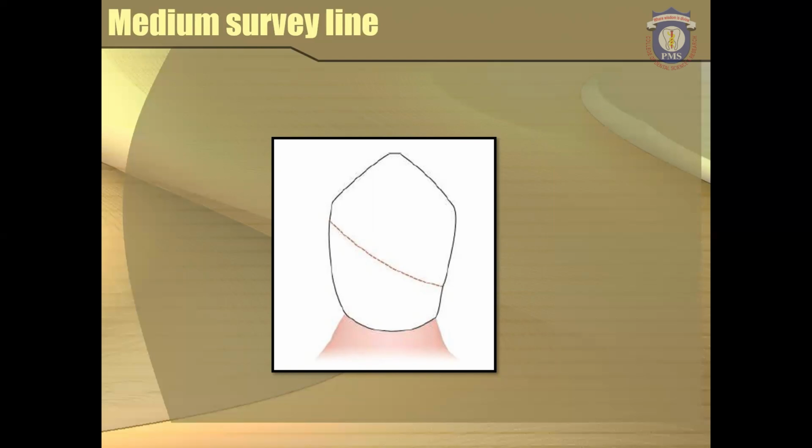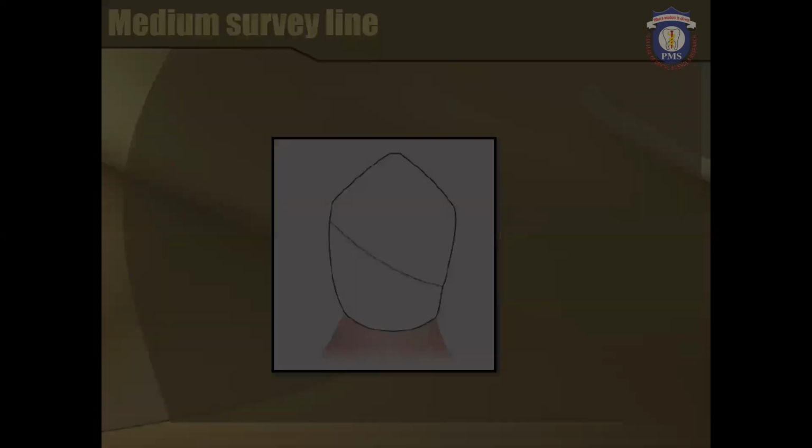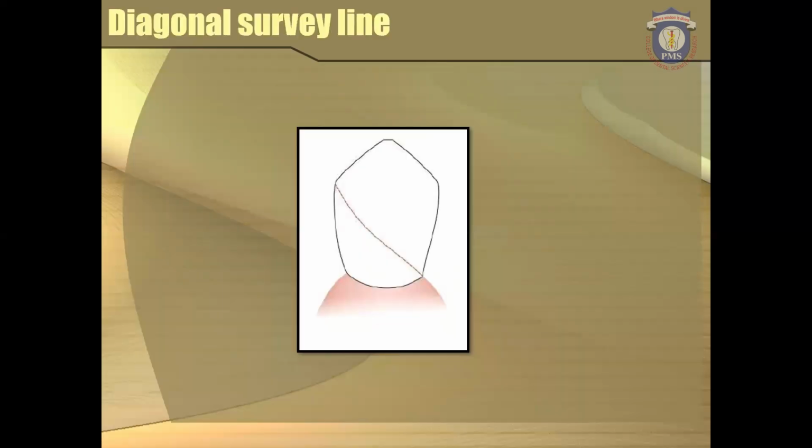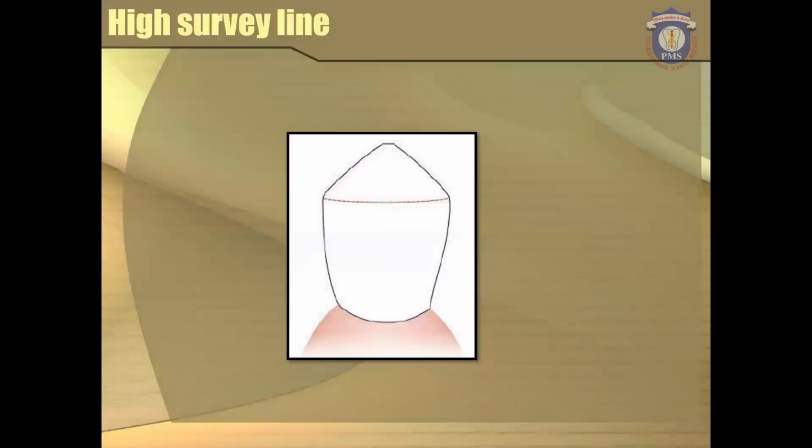So the medium survey line, the line passes from the occlusal of the near zone to the middle third of the far zone. Then the diagonal survey line. Diagonal survey line passes from the occlusal third of the near zone to the cervical third of the far zone. Next is the high survey line.